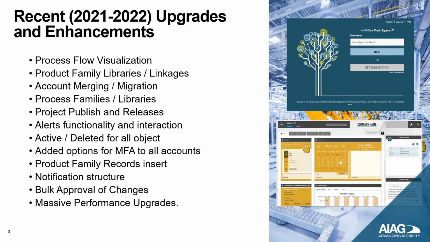That's pretty much what I want to talk about. Process families, libraries. At the same time as we did the product families, we also built in all the process families. That mostly affects the product family libraries, where you can group all your records into process families, allowing for better ways of including those records into your separate forms.